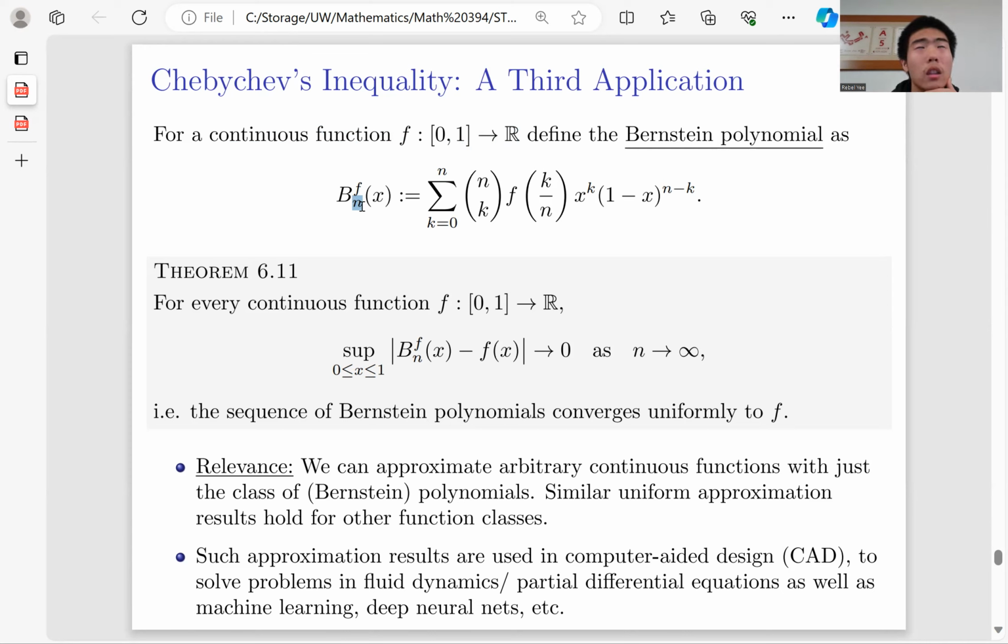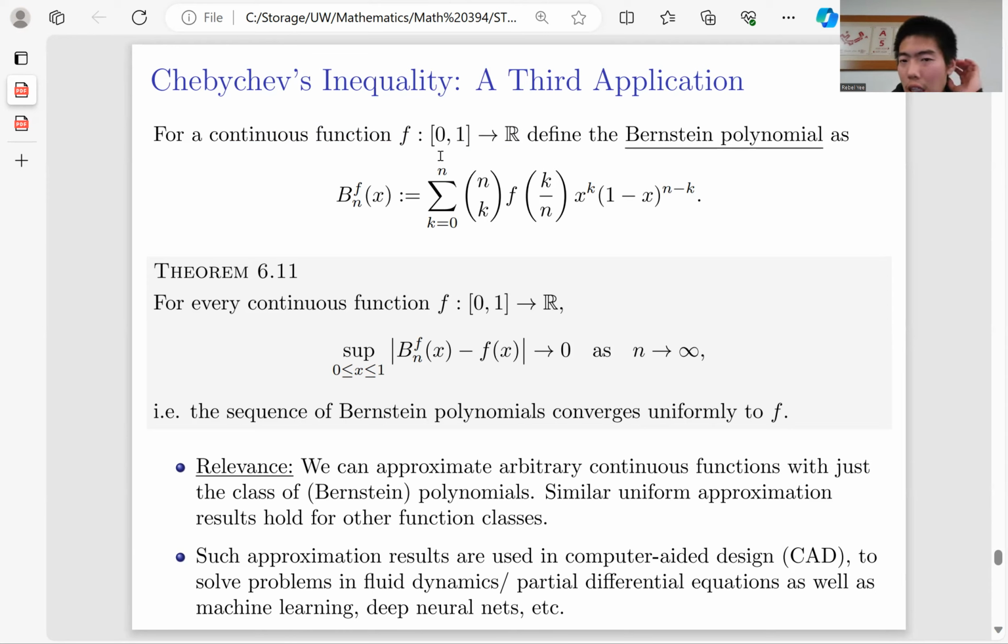For example, in the binomial distribution, n means the number of trials, the number of Bernoulli distributions. Here it's very similar too. So we define it as this. If you remove f(k/n) out, you'll find the remaining term, n choose k, x to the power of k, 1 minus x to the power of n minus k, summed from k equals 0 to n.